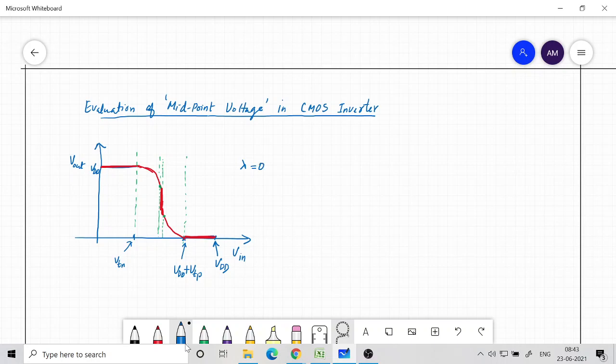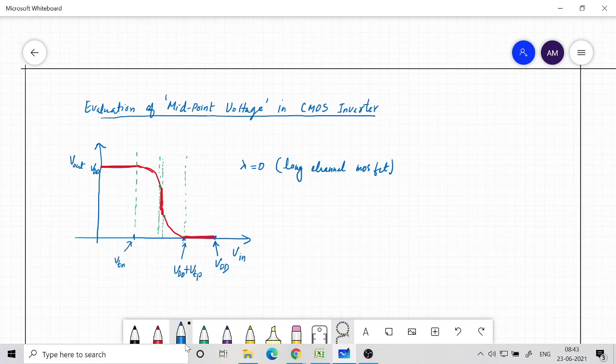So lambda is 0 is a valid condition for long channel MOSFET. Okay, so indirectly we are saying this is a long channel MOSFET. So all the short channel effects we can remove. So we discussed 4-5 short channel effects. One of them was channel length modulation.